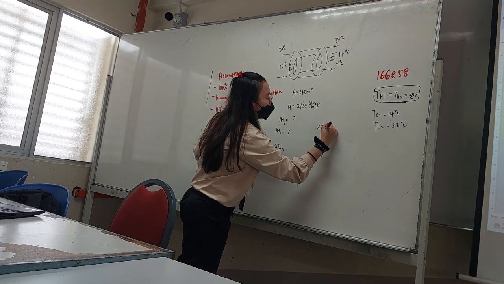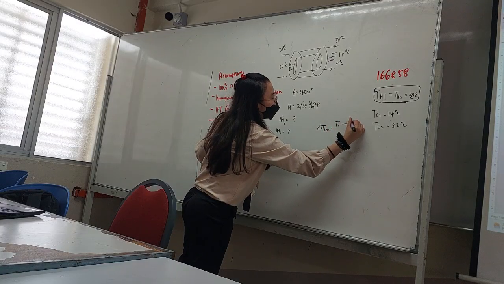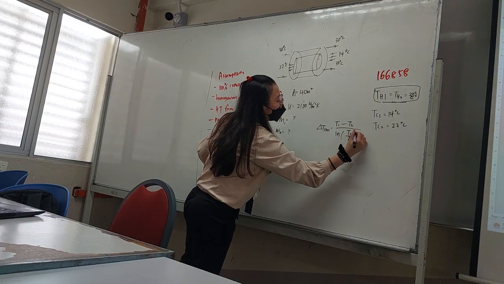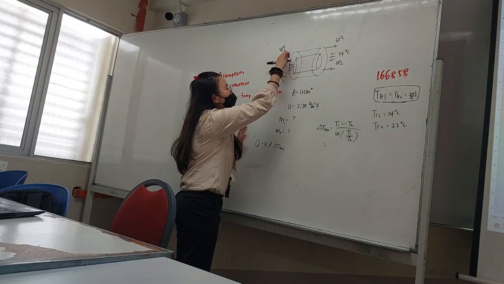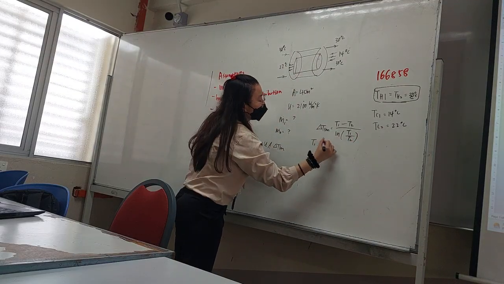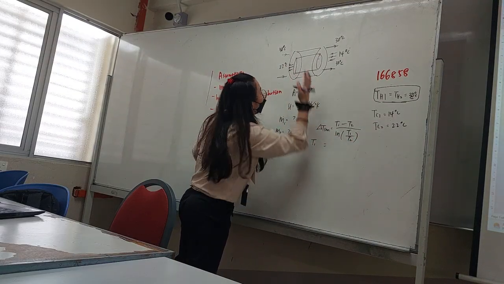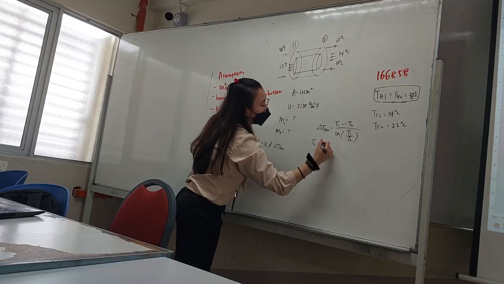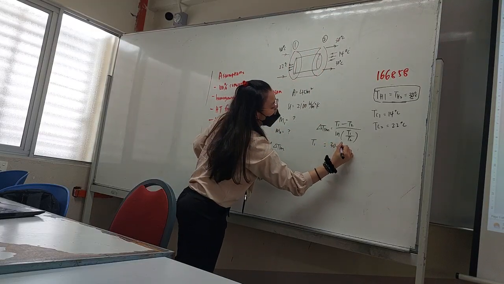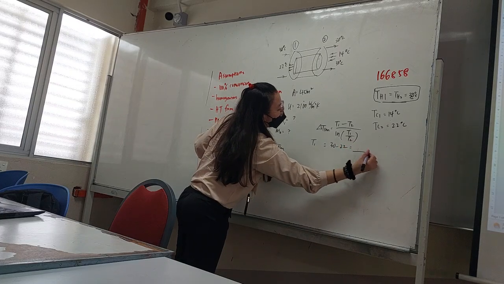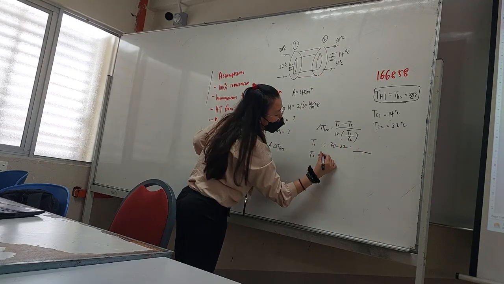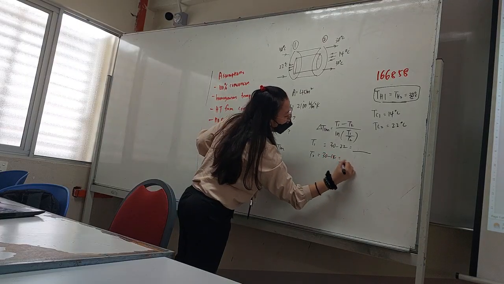So for delta log mean, your T1, T2: T1 is the inlet temperature, the first position, so 30 minus 22. T2 is the temperature difference, 30 minus 14.